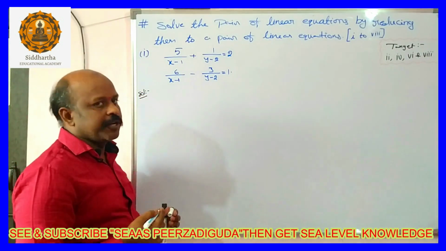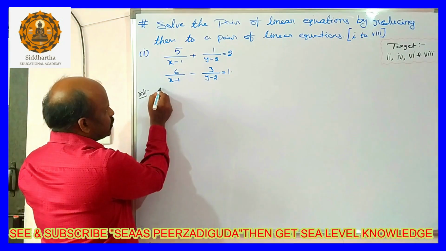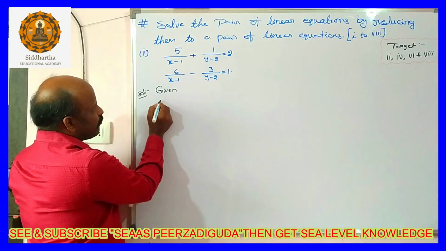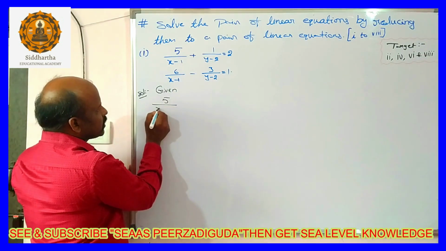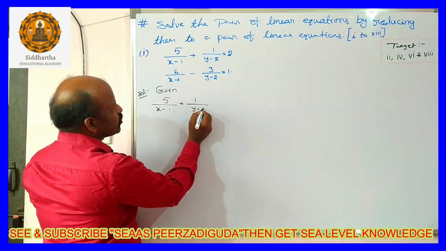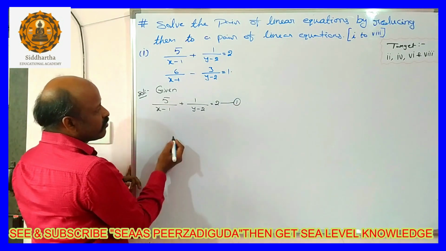As it is, I am going to take the given part first. What is the given part? 5 by x minus 1 plus 1 by y minus 2 is equal to 2. I take that as equation number 1.